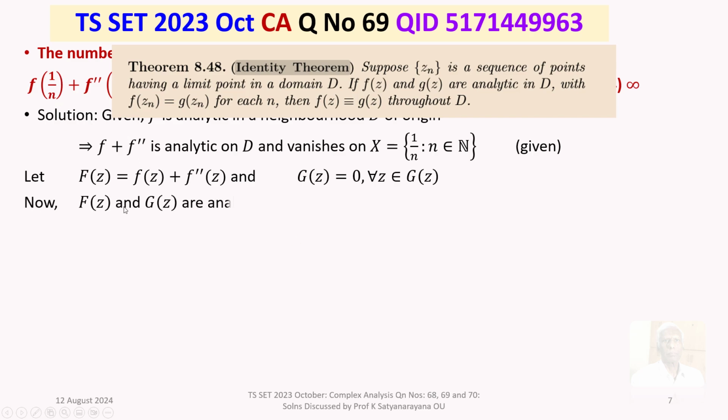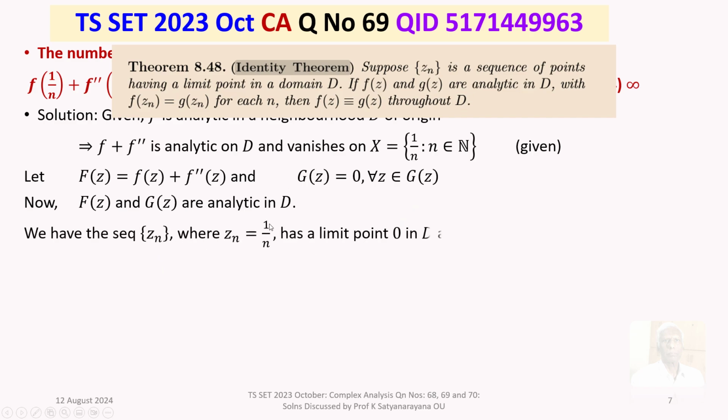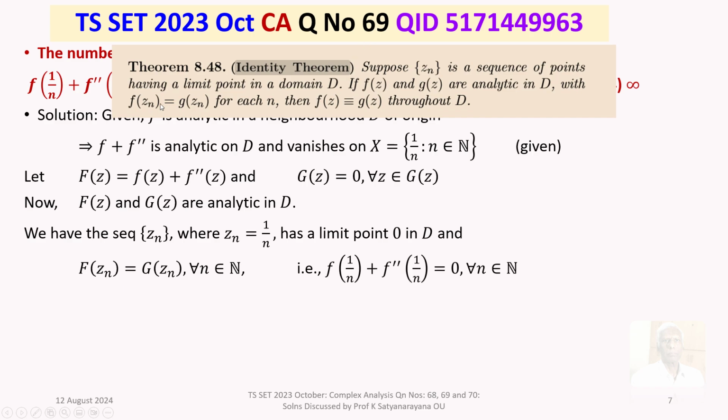So now F of z and G of z are analytic in D, and we have the sequence Zn where Zn is equal to 1 by n and has a limit point 0 in D. So suppose Zn is a sequence of points having a limit point in the domain D. This is a sequence, has a limit point 0 in D. Then by the identity theorem, F of Zn is equal to G of Zn. This condition should be satisfied.